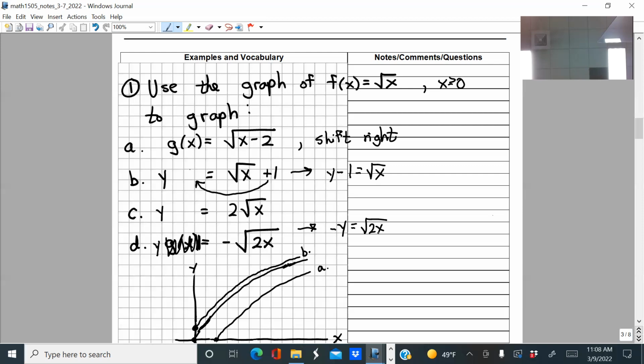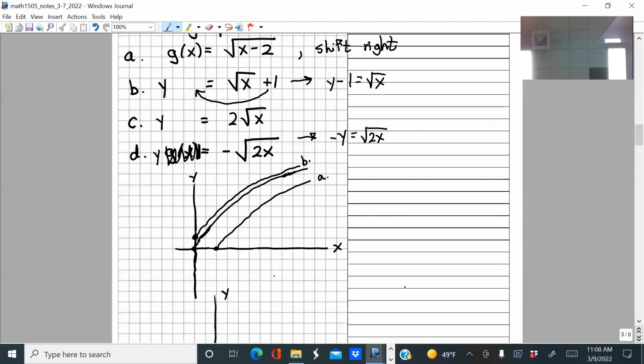So there's the original graph, and it's going to get rotated around the x-axis. All of this is going to get rotated down, and shrunk by a factor of 1/2.